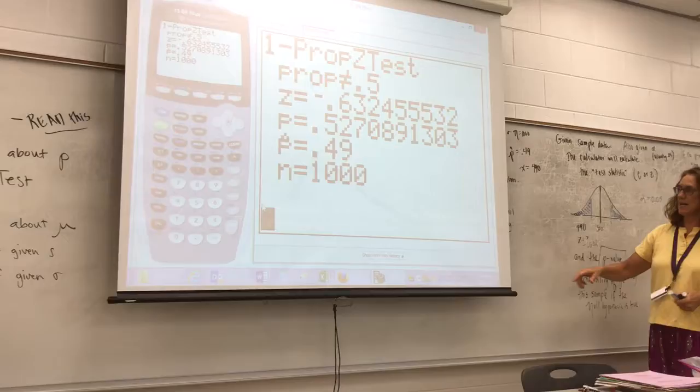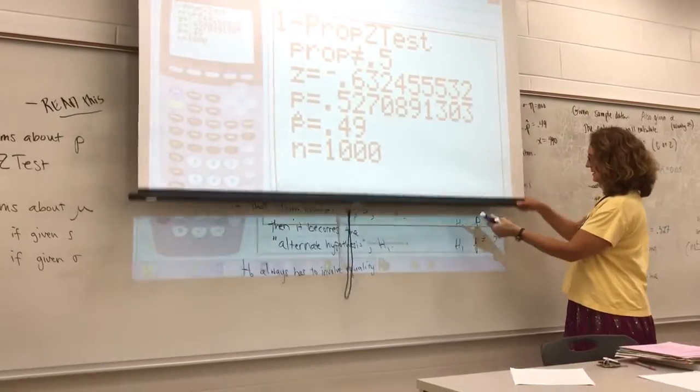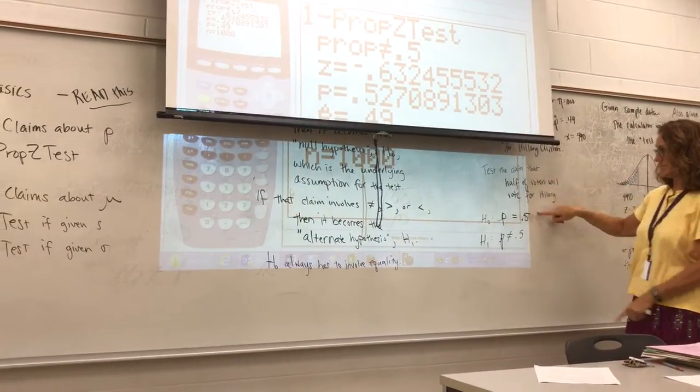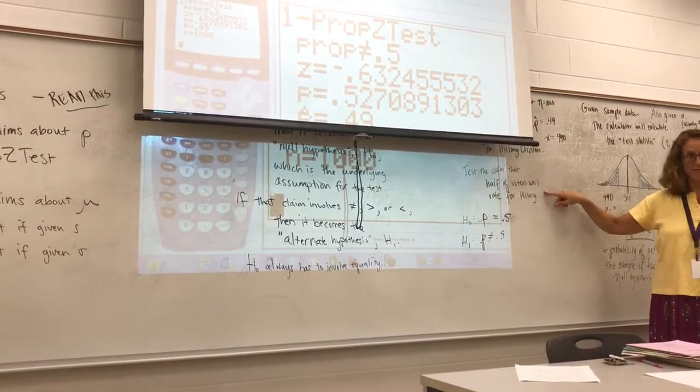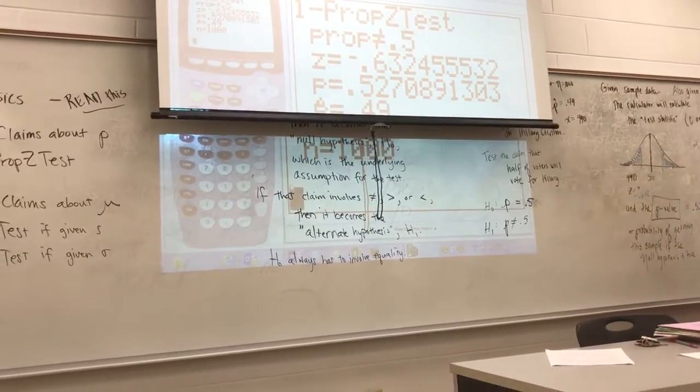This one, we're looking at the claim being the null hypothesis, right? Because I worded it in terms of half equals half.